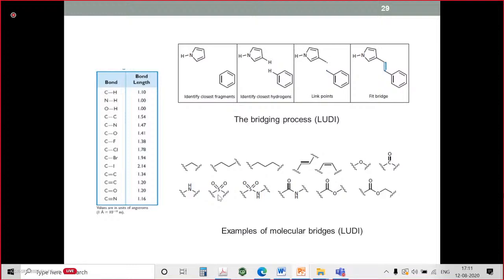So the linker has a lot of possibilities. It can be a simple carbon chain containing single bond, double bond, triple bond, or heteroatom-containing linkers, or different connecting functional group linkers like sulfonamide, amide, amine, ether, esters. So all possibilities are there, and that is optimized later on by finding out the affinity score of the lead molecule.